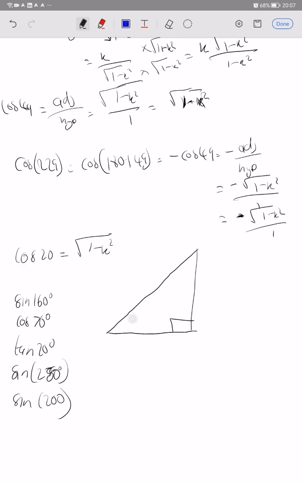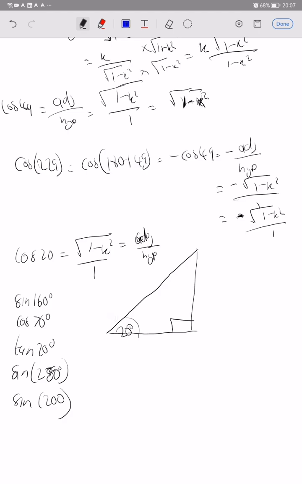Right, remember here we'll write our angle. This will be 20 degrees. What do I have? Remember, a cos is just what? An adjacent over hypotenuse. So I can write it in fraction form.